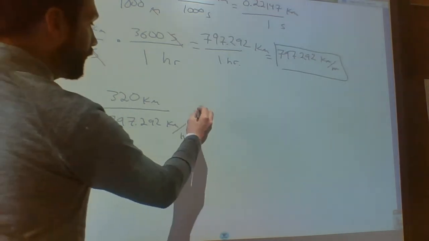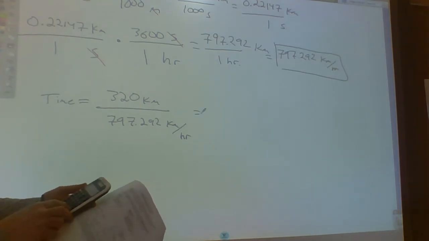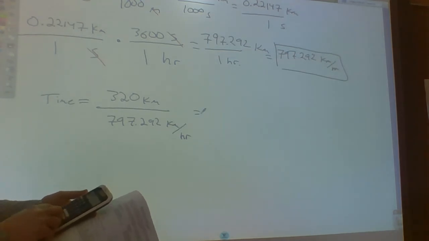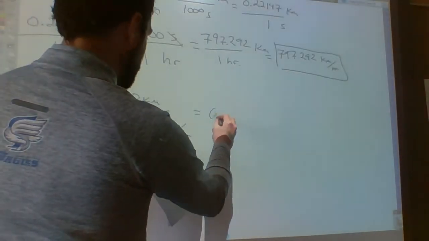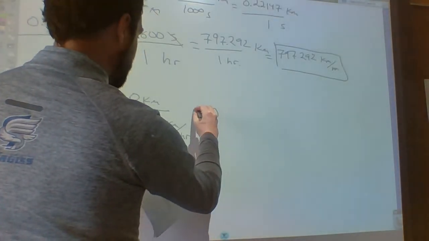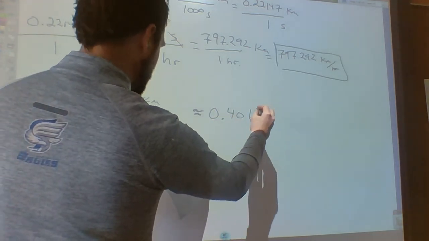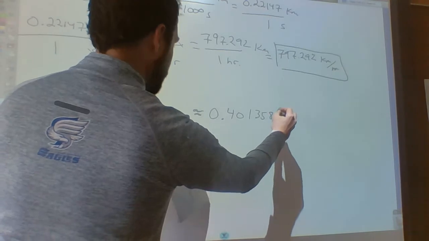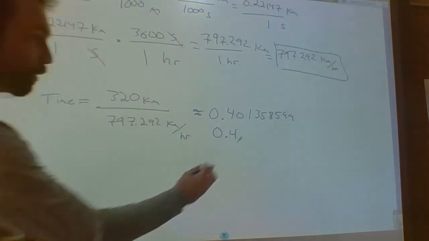Okay? So grabbing the calculator again, 320 kilometers divided by 797.292 gives us approximately, so I'm going to round at the very end, 0.401358599. So we're going to say approximately 0.4 hours.